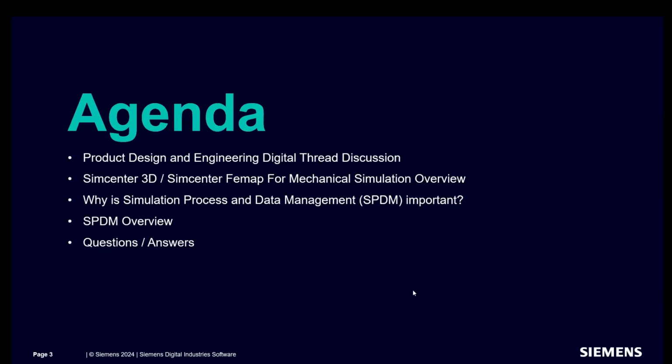And then we're going to jump into Simcenter 3D and Femap, contrast the two somewhat, explain what they are, how they're similar, how they're different, and really why we have two different products, and then a little bit about how we bundle them now and sell them. And then we'll have a little bit of a discussion on simulation process and data management and why that's important to the digital thread. And then we'll open it up for questions and hopefully answers.